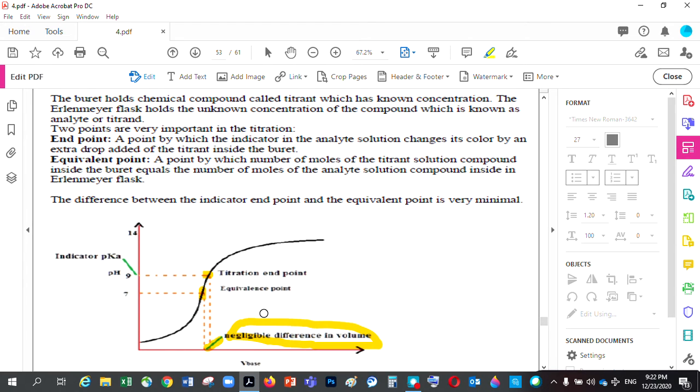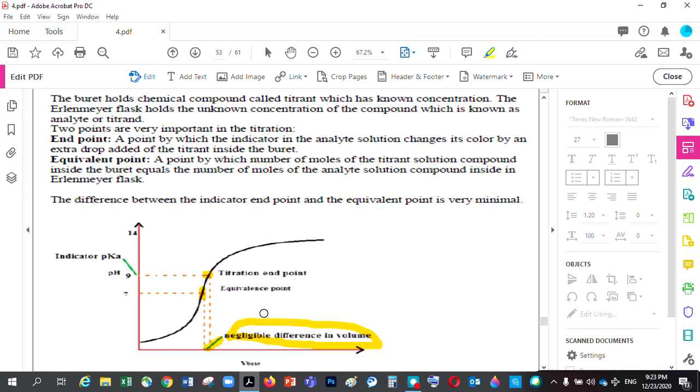So again, equivalent point: number of moles of acid equals number of moles of base. And then we have the endpoint, which is signaling the change in the color of the solution when we use an indicator, signaling the change of the pH of the solution.